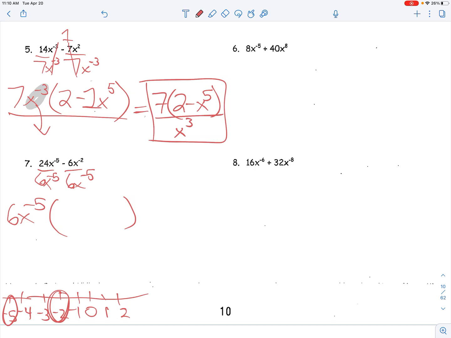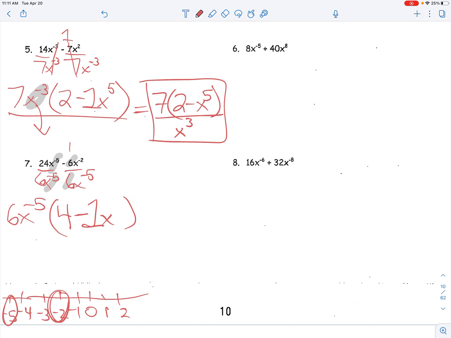Let's divide each term by that to get the remaining factor. 24 divided by 6 is 4. X to the negative 5s cross out. Remember, they cross out to 1. Minus 6 over 6 is 1.